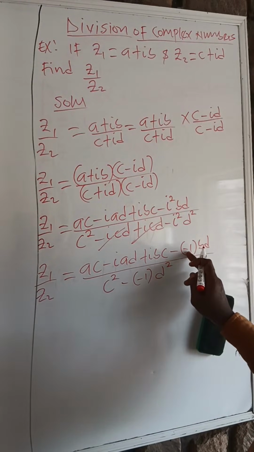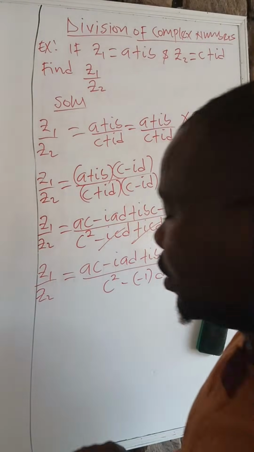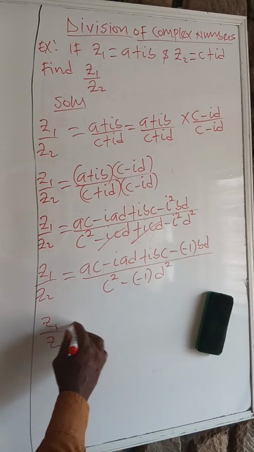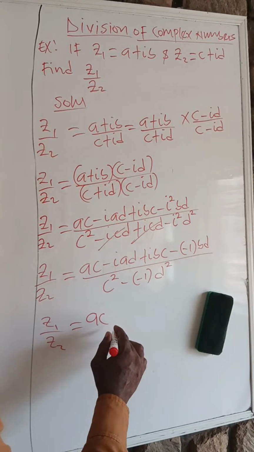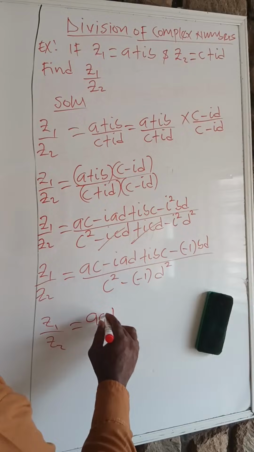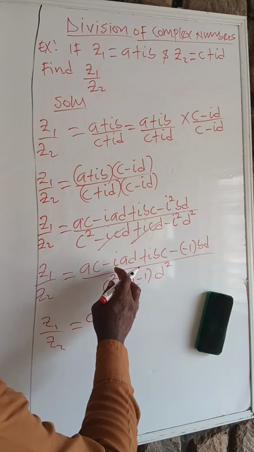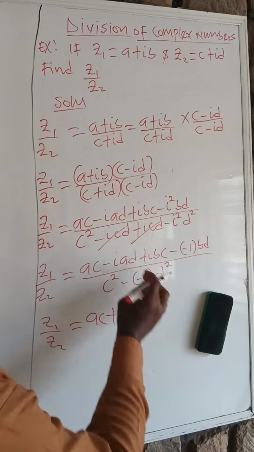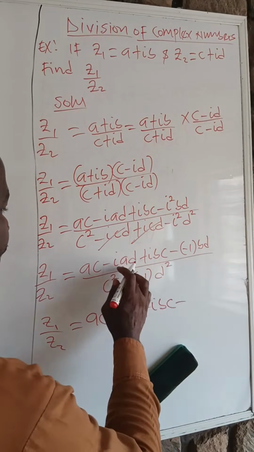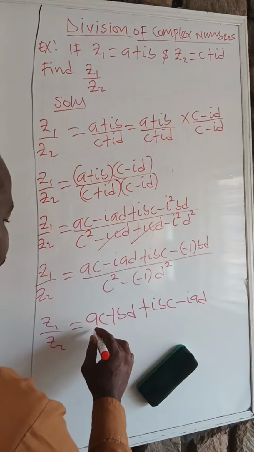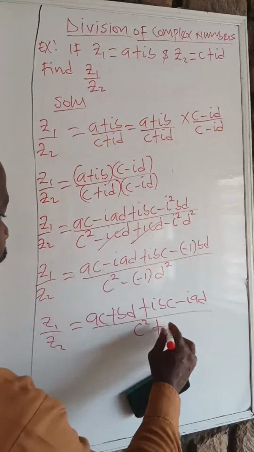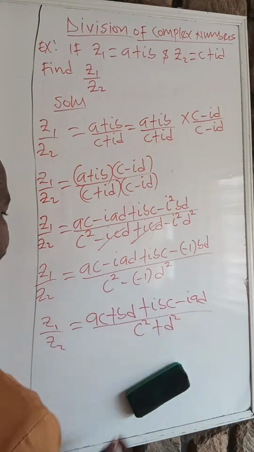So this times this will give us what? Here we are going to have Z1 over Z2 is equal to AC, then this times this plus BD, then let's first write plus IBC minus IAD, then all over C squared minus times minus plus 1 times D squared.